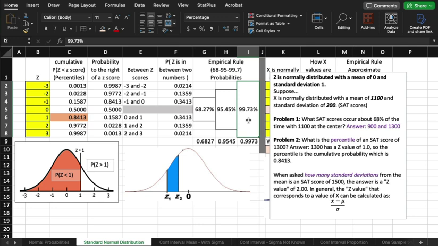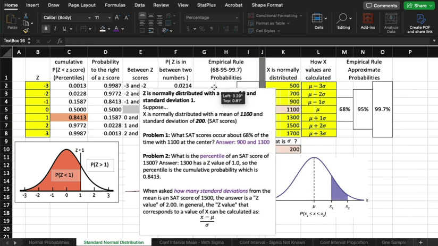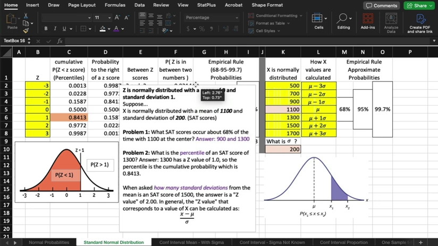That's all well and good, but how does that translate into real world values? Because we don't measure things in the real world with values of z. We measure them with x. So here's an example for you. Suppose that x is a normally distributed random variable with a mean of 1,100 and a standard deviation of 200.